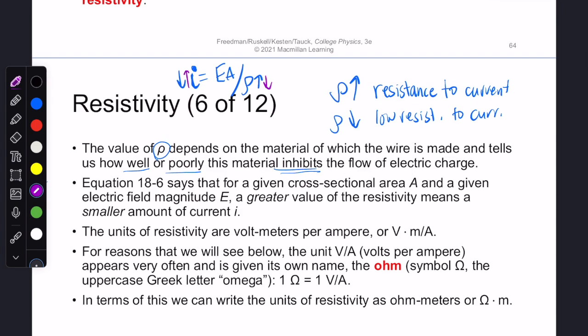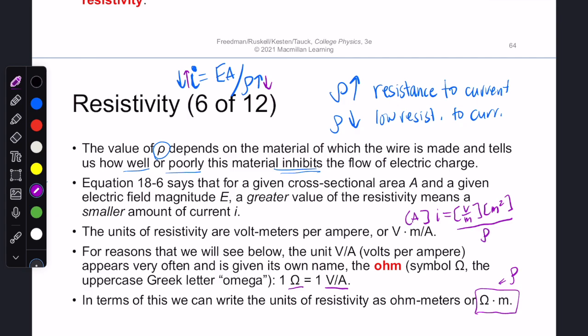What are the units of rho? The units of rho are ohm meters. What is an ohm? An ohm is just short for a volt over an amp. So if we take a look at these units up here for that equation, electric field is volt over meter, area is meters squared, this is amps, and this is resistivity.